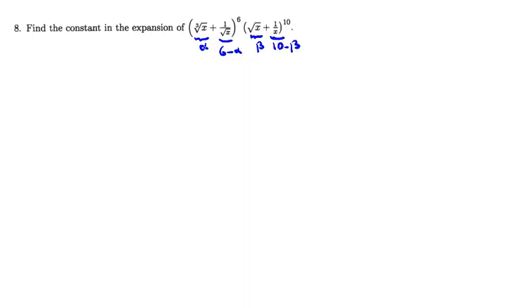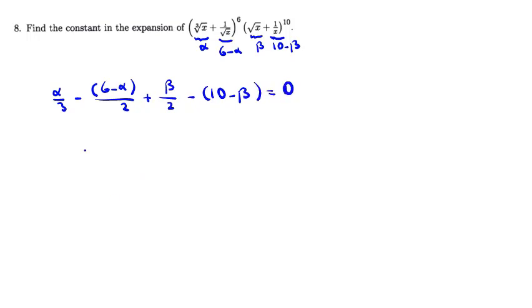We want to find the constant, so alpha over 3 minus, because the power is negative 1 over 2, (6 minus alpha)/2 plus beta over 2 minus (10 minus beta) equals 0. Now, if we multiply by 6, then we have 2 alpha minus 3 times (6 minus alpha) plus 3 beta minus 6 times (10 minus beta) equals 0.